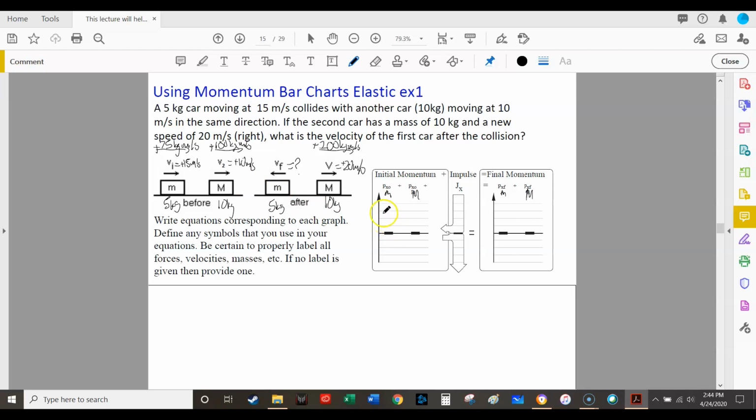So it looks like the initial momentum of the first car is going to be, let's say, 2 blocks to the right. So unfortunately, this 2 blocks represents 75 kilogram meters per second.